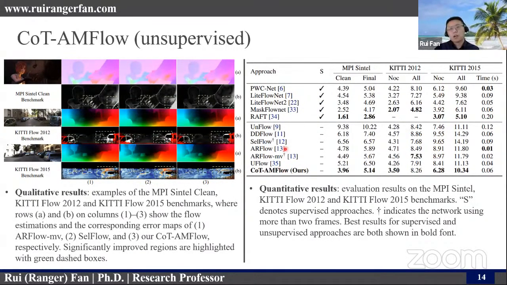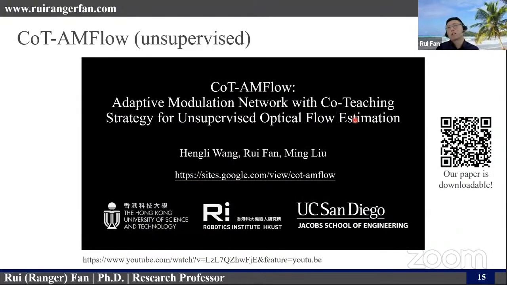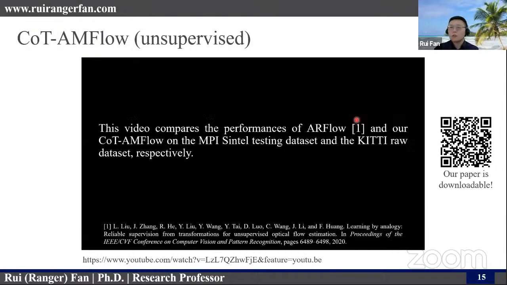You can see our method outperforms all other SoTA unsupervised methods, and it can also perform better than many supervised methods, including PWC-Net, LiteFlowNet, V1 and V2, except for these 2 metrics. And of course, RAFT is the best paper for ECCV20, if I remember correctly. RAFT performs better than ours because RAFT is a supervised method.